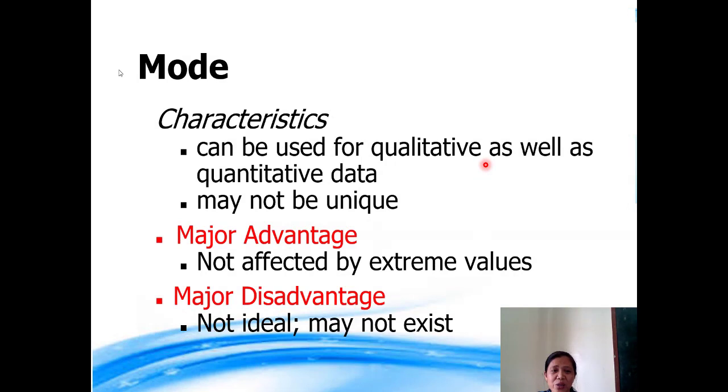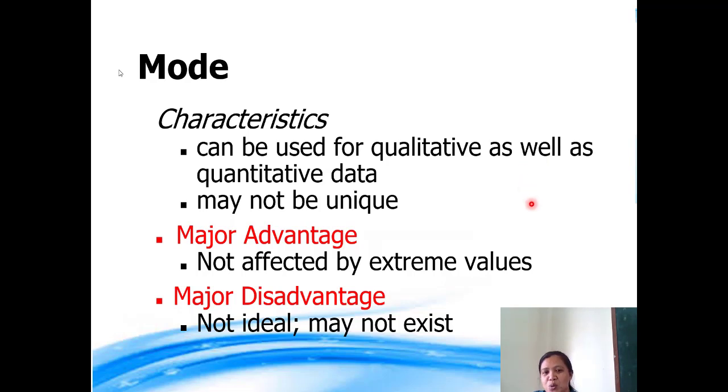The characteristics of the mode: it can be used for qualitative as well as quantitative data. It may not be unique. When the data has one mode, it is unimodal.